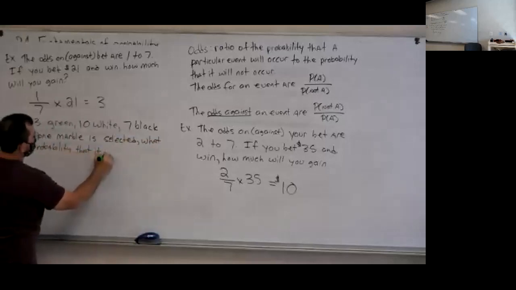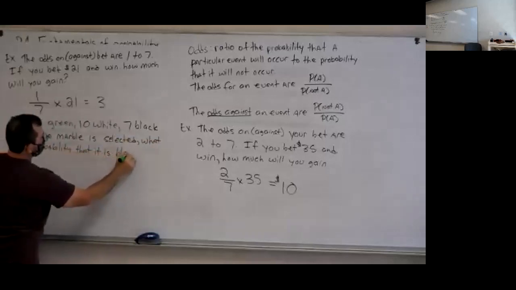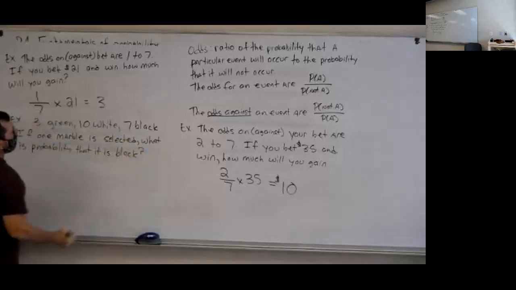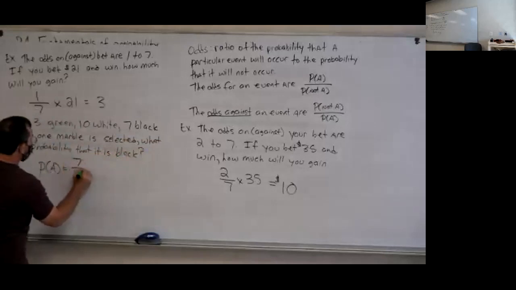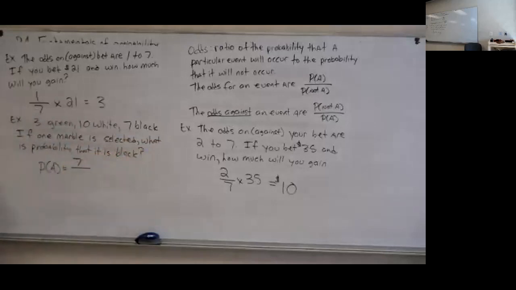So you have to do your P of A again. How many total marbles were black? On mine, I said 7 marbles were black. Now, the bottom was all marbles.